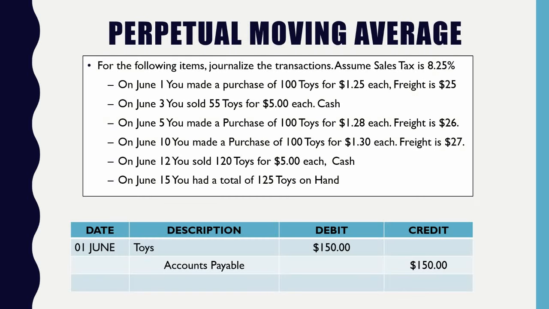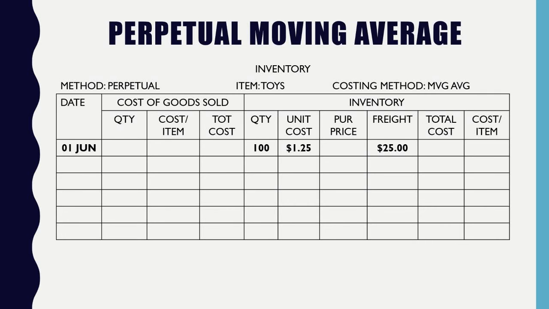So let's dive into our first example here, where on June 1st, we end up purchasing 100 toys at $1.25 with the freight costing you $25. So here you go, back to our table. We're going to plug it into our purchases area. Purchase price, again, 100 at $1.25 is going to give you 125, plus freight is going to give you a total cost of 150. Now, for this very first batch of inventory, you only have one batch of inventory.